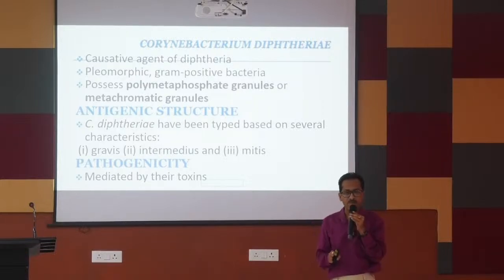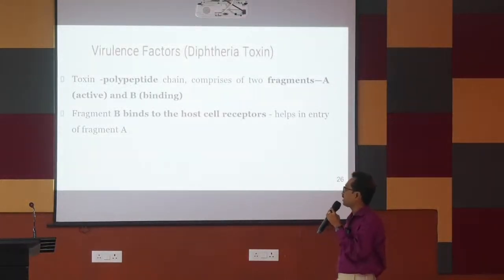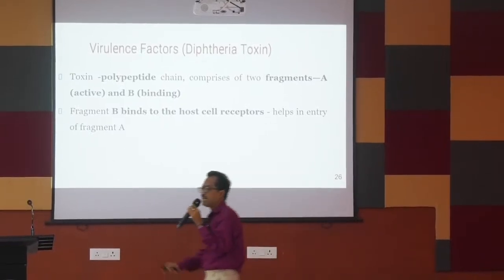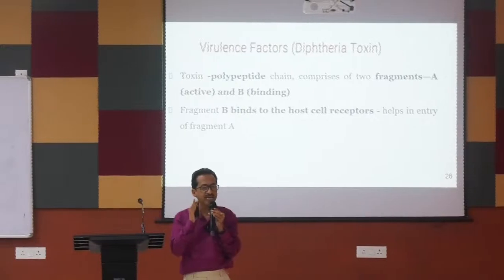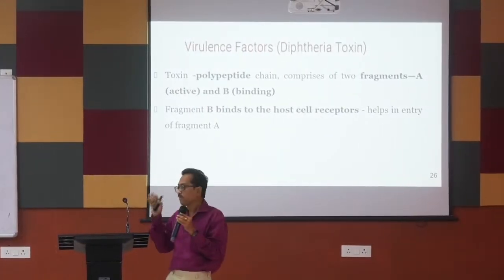Now we will go to the pathogenesis of Corynebacterium diphtheriae. It is mostly due to toxin only. No bacteremia is there. Now, virulence factors. What are the virulence factors? One is the toxin, a polypeptide chain composed of two fragments, A and B. Whenever you get any toxin with A and B parts, A is always the active part and B is the binding part.